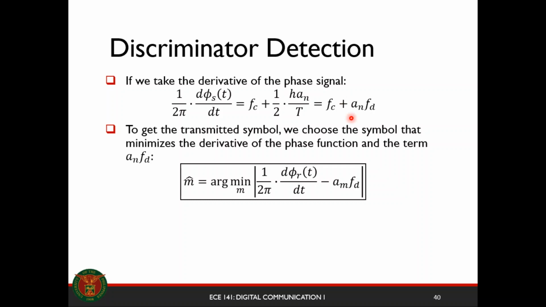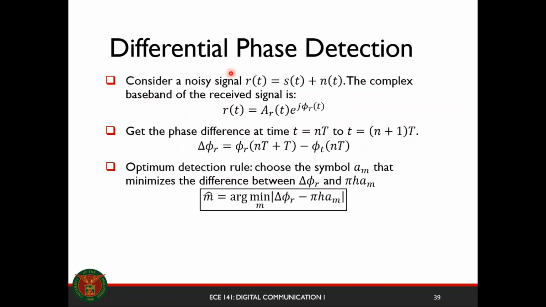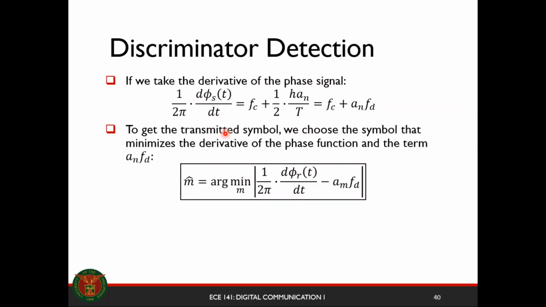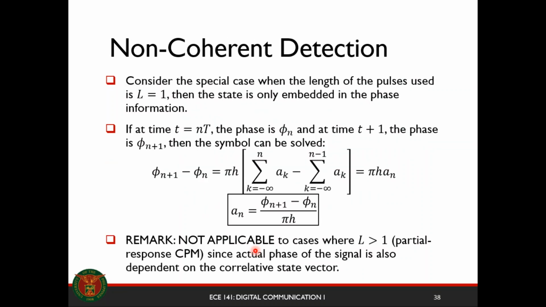So if your signal is corrupted by noise, the same as this one, you just get the minimum of this expression inside the absolute value, and you choose the m that minimizes this. But again, it's only applicable when L is equal to 1.